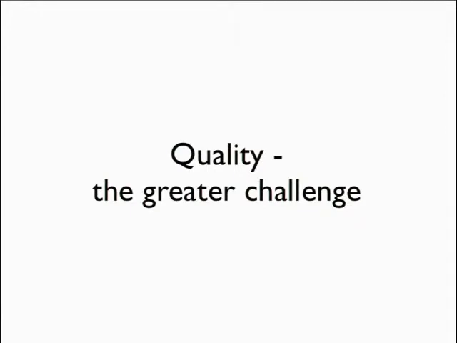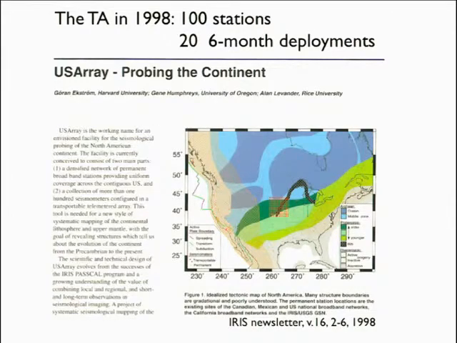Well, if you've written a paper or gone through a deployment, and right after you finish you say, I wish I had done it slightly differently, I wish I had done it better, then that suggests that maybe you hadn't focused enough on the quality. So hopefully, my sense is that the TA has been completed in the lower 48, showing that it is a quality project.